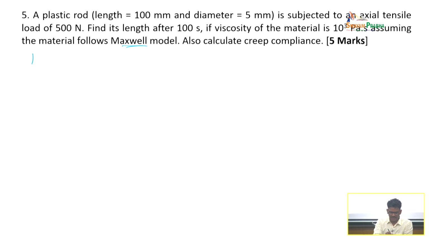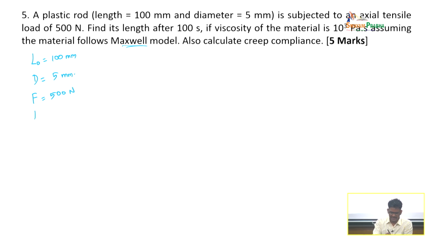First we will write whatever is given. We have the initial length of 100 millimeters, and the diameter is 5 mm, and this is subjected to an axial tensile load of 500 Newton. So, the force is 500 Newton.